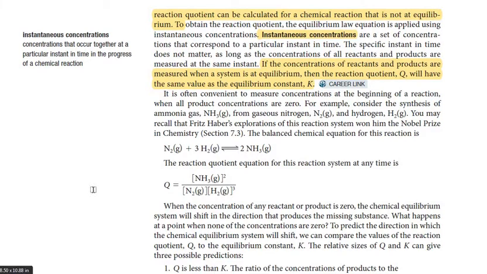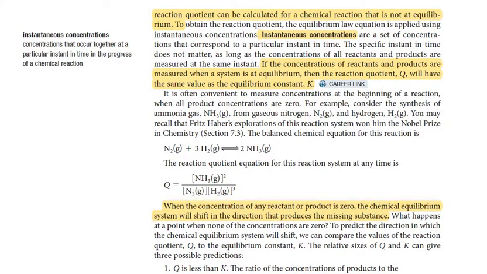When the concentration of any reactant or product is 0, the chemical equilibrium system will shift in the direction that produces the missing substance. What happens at the point when none of the concentrations are 0? To predict the direction in which the chemical equilibrium system will shift, we can compare the values of Q and K. So what we learned here: when the concentration of any reactant or product is 0, the system will shift in the direction that produces the missing substance.